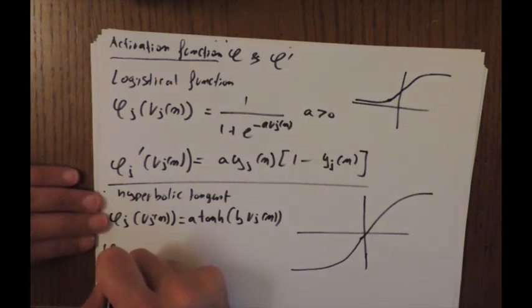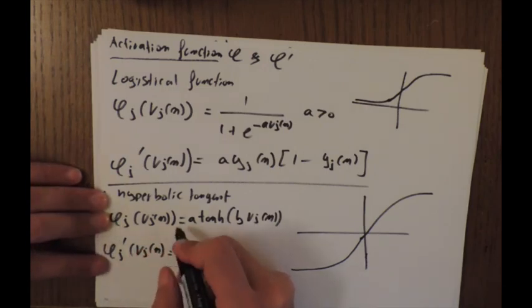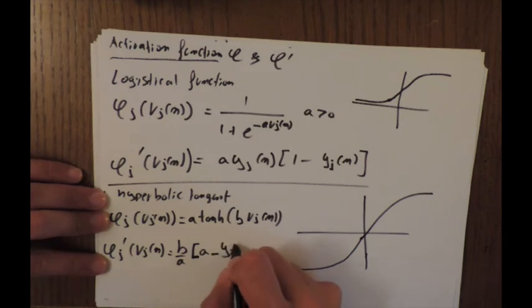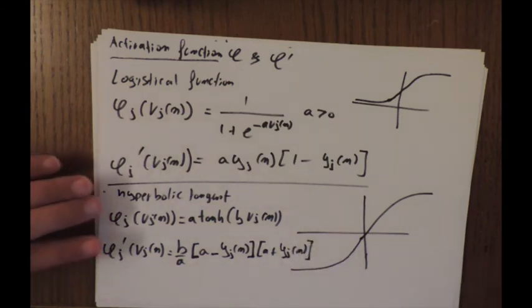In this case, phi j prime of vj of n is going to be equal to b over a times a minus yj of n times a plus yj of n. So these are the two most popular activation functions along with their derivatives. In the next example, we're going to do a small example, a 2x2 network, and we're going to use the logistic function.